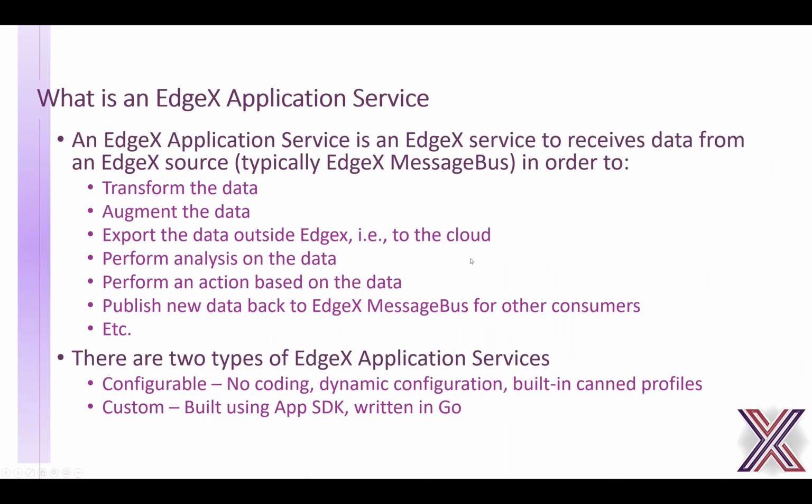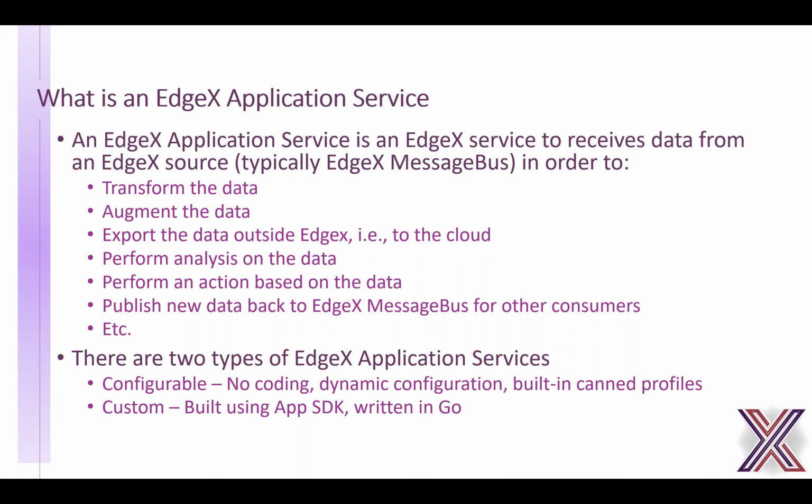There are two types of application services. One being the configurable. So this is a pre-built application service that defines the functions pipelines in configuration. So there's no coding involved. You just need to configure the pipeline within the configuration and run the service.